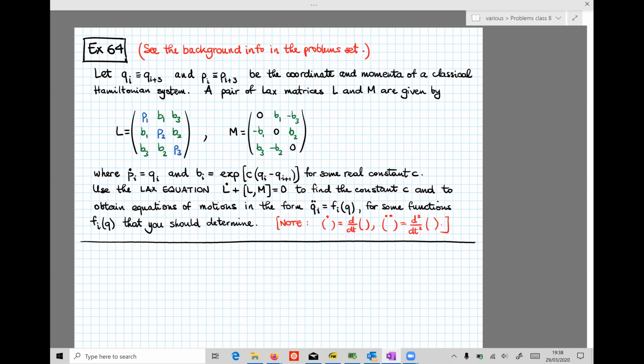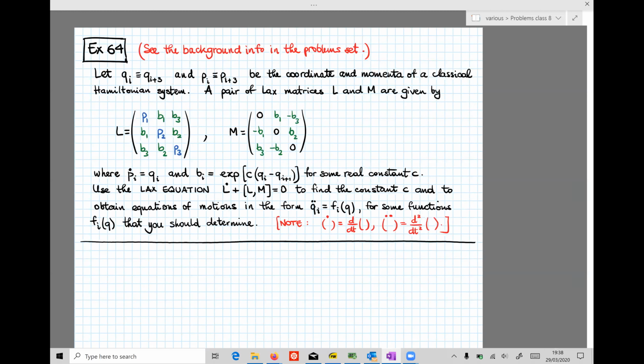But in fact, I decided to do this exercise here in the problems class because, as you see, everything that we need to know to solve this kind of exercise has to do with the Lax equation that we have already studied. So this is just an exercise on the Lax equation in a simpler context than partial differential equations like the KdV equation that we focused on in the rest of the course.